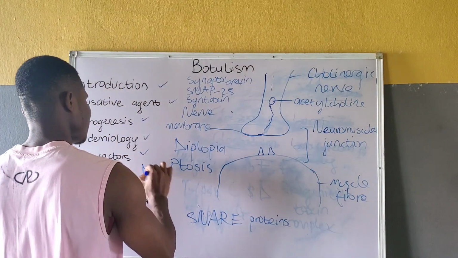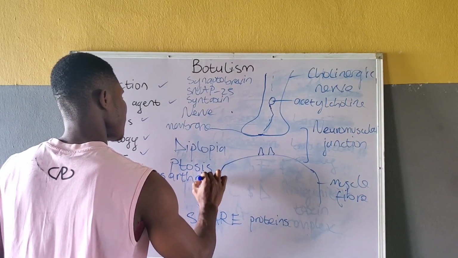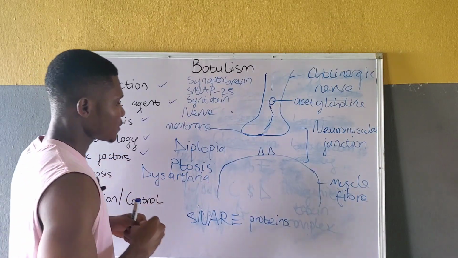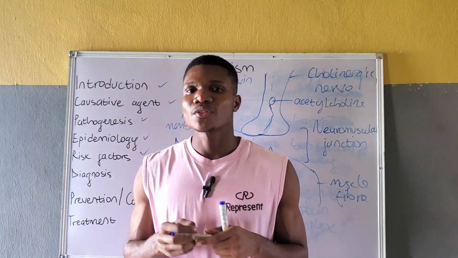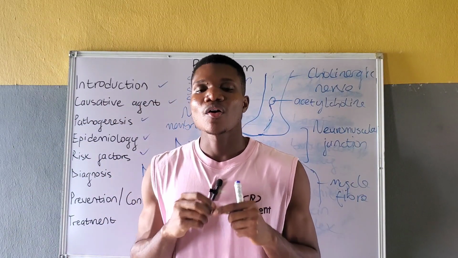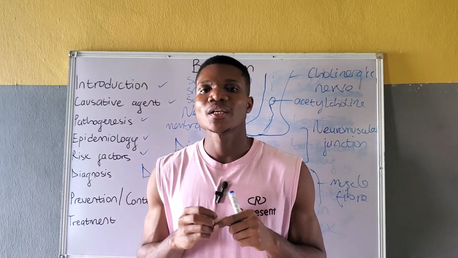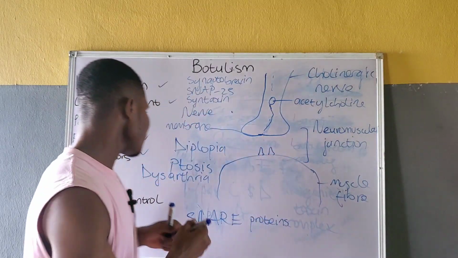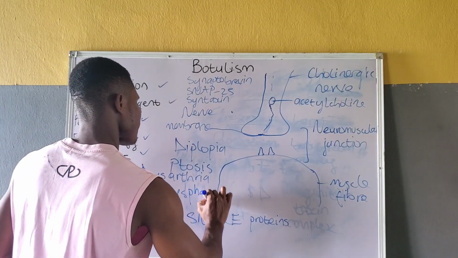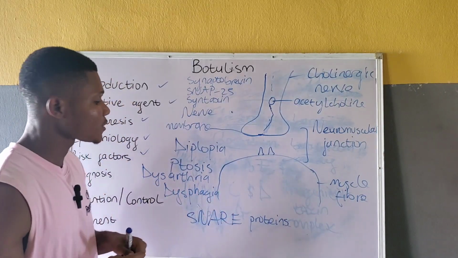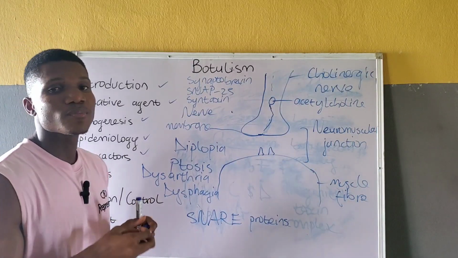So, dysarthria: this involves difficulty in articulation of words due to disturbance of the structures that are responsible for modulating voice into speech. There's also dysphagia. Dysphagia involves difficulty in swallowing. These are basic clinical signs of early botulism.